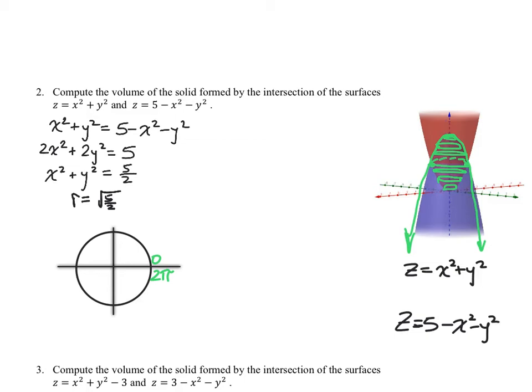Now, if you made an educated guess without investigating any further, you'd probably guess correctly. If you're guessing that the function that's facing downward is 5 minus x squared minus y squared, it's the right guess, because you're starting off with something that has a value of 5 and you're only subtracting from it.